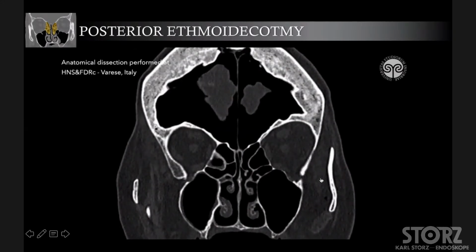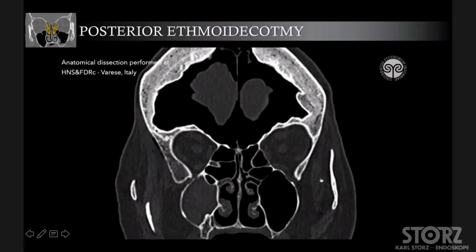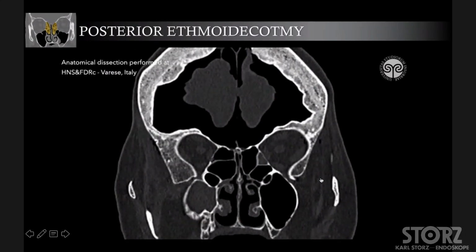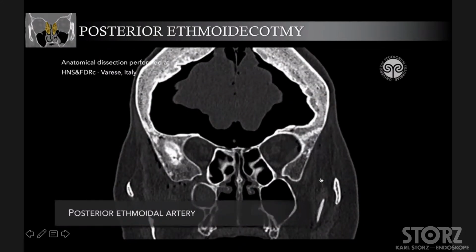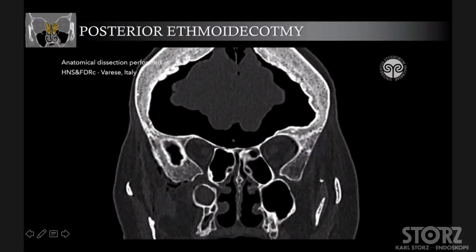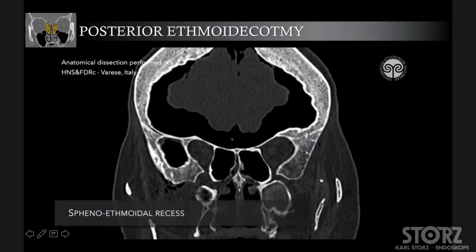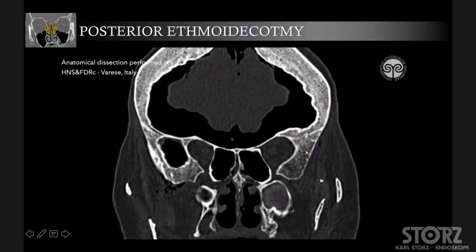Once again, we are going to observe a CT scan of our cadaver specimen before performing cadaver lab dissection. Posterior ethmoidal artery, you can see. Sphenoethmoidal recess.